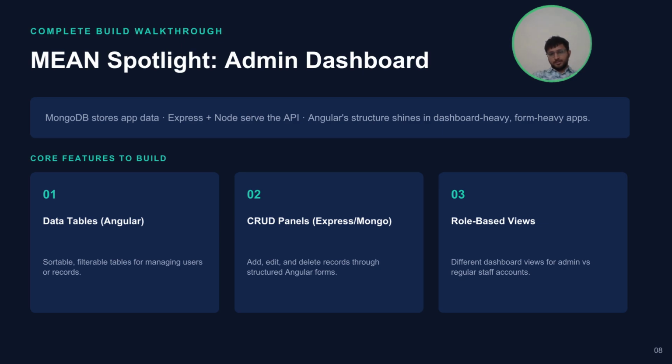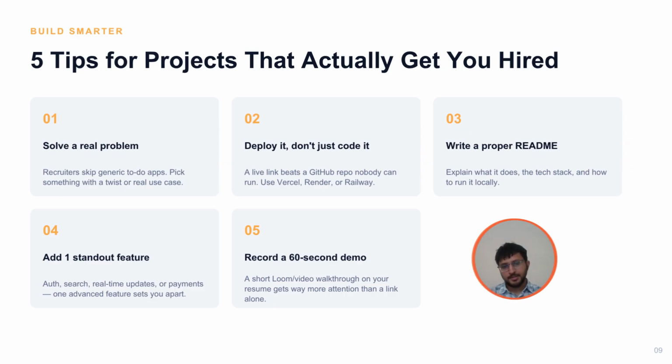So that's all. Now I think we have to talk about the 5 tips for projects that actually get you hired in these types of roles, like full stack, MERN stack, front end and back end. First of all, solve a real problem.